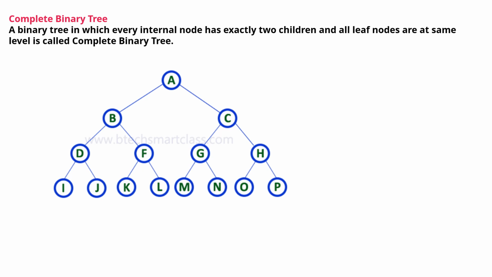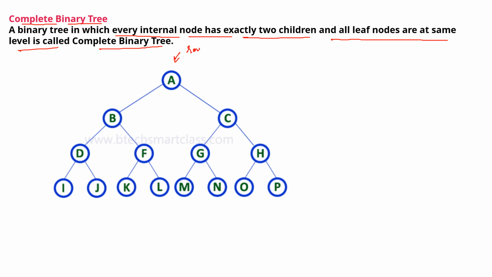Now let us consider the definition of complete binary tree. A binary tree in which every internal node has exactly 2 children and all leaf nodes are at the same level is called a complete binary tree. Right? Now this is an example of complete binary tree. We'll check out how this tree is identified as complete binary tree.